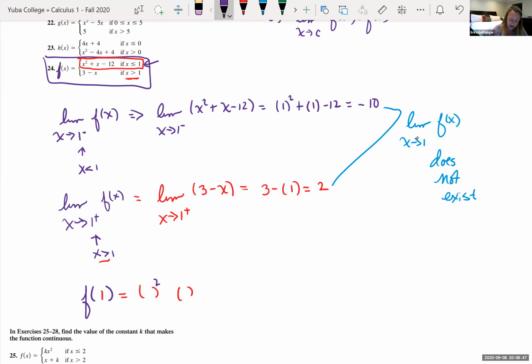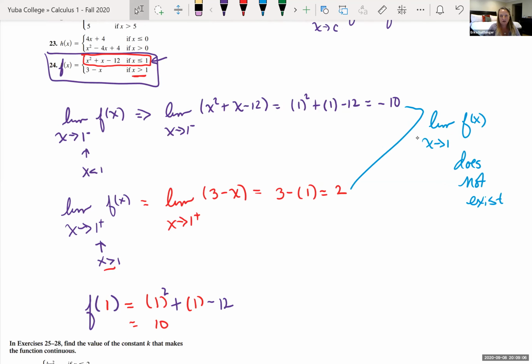So we have 1 squared plus 1 minus 12, which we saw before was negative 10.